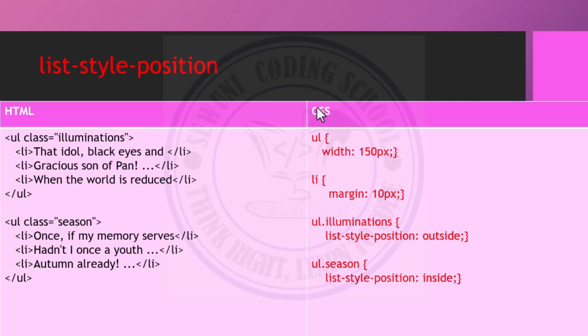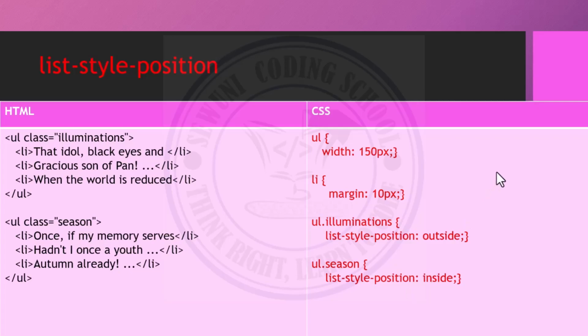Now the unordered list has a width of 150 pixels and there is a 10 pixel margin for each of them, whilst the one with the class of illumination was positioned outside and that of the class of season was positioned inside.